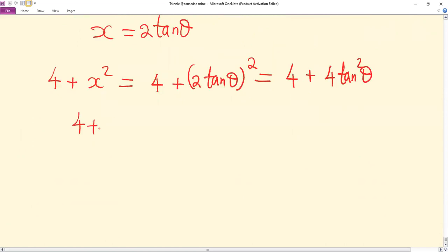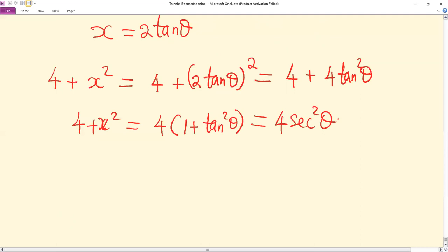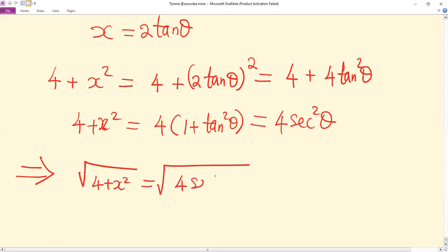Which means 4 plus x squared is the same as 4 into 1 plus tan squared theta. But by definition, 1 plus tan squared theta is sec squared theta. So the square root of 4 plus x squared is the same as the square root of 4 sec squared theta, and this we can write as 2 sec theta.